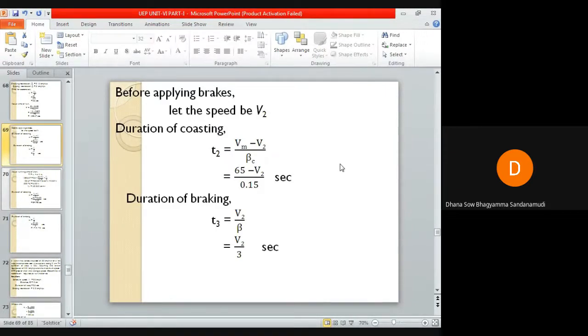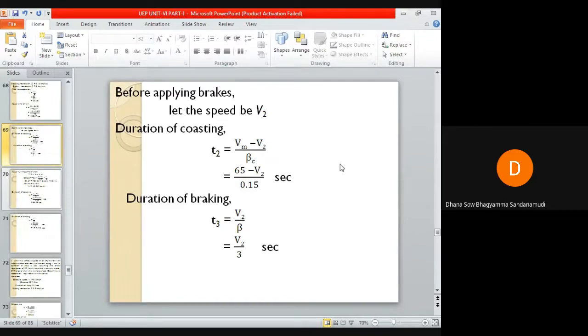Before applying the brake, the speed of the train is V2. During the coasting period, actually what will happen? Speed will decrease. So before applying the brake, if the speed is V2, that means the initial speed of the coasting period is Vm and the final speed of the coasting period is V2.